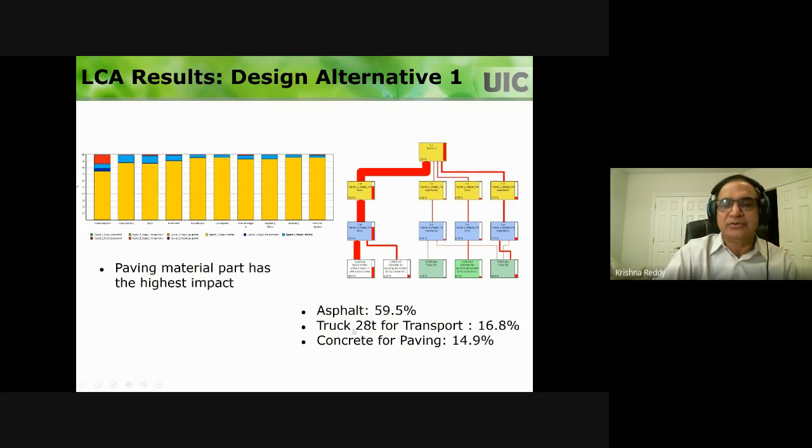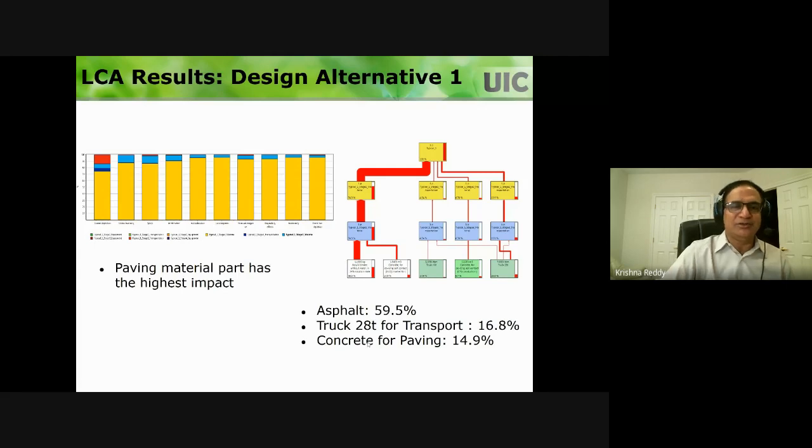And the truck used for transporting the materials is causing 16.8%. Concrete for paving is causing 14.9%. So by doing this analysis, not only will you know what the impacts are, but which ones are causing more impact. This kind of analysis is good because, if I want to reduce the environmental impacts, what should I do? Then you focus on the ones which are contributing more environmental impacts, right?